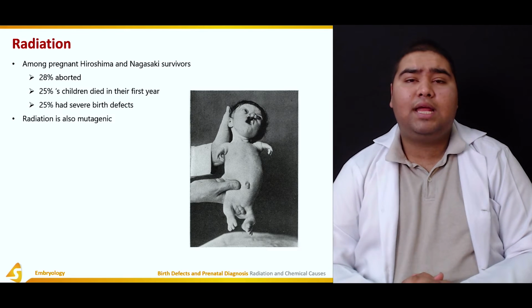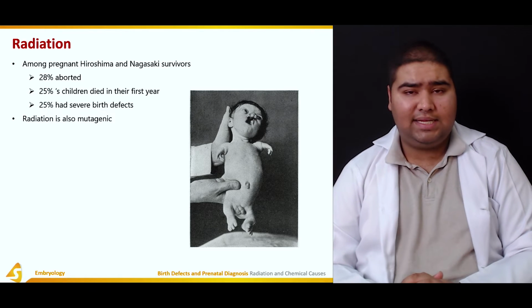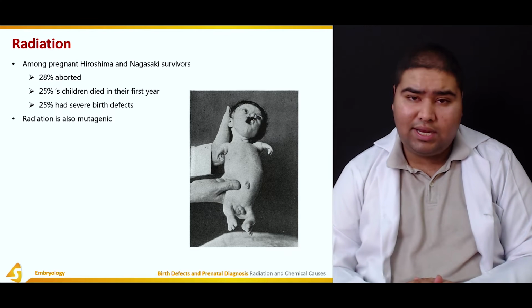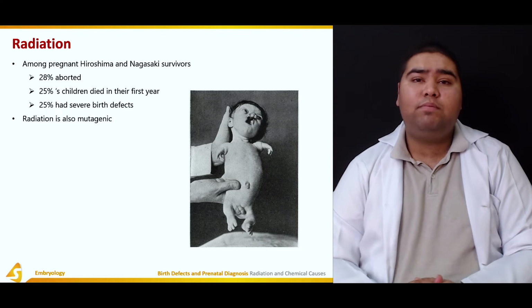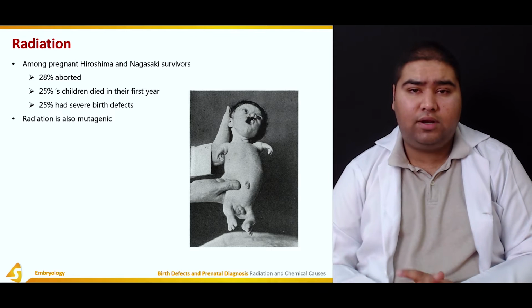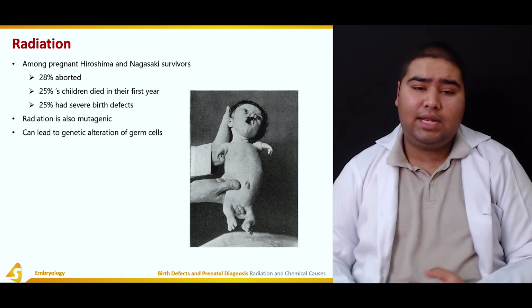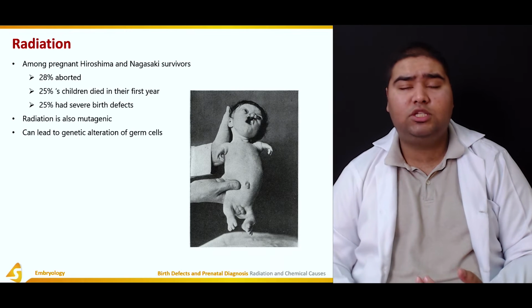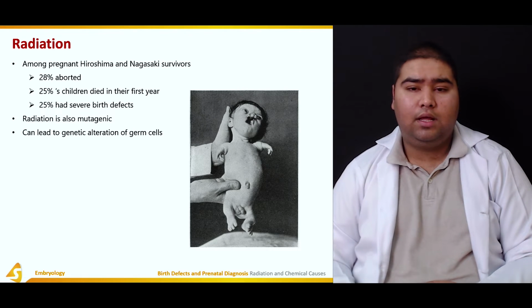This mutation can now be passed on to the germ cells and can also affect further generations down the line. So, having mutagenic ability is a very dangerous ability for a teratogen. It can lead to genetic alteration of the germ cells, which can be passed from one generation to the next.